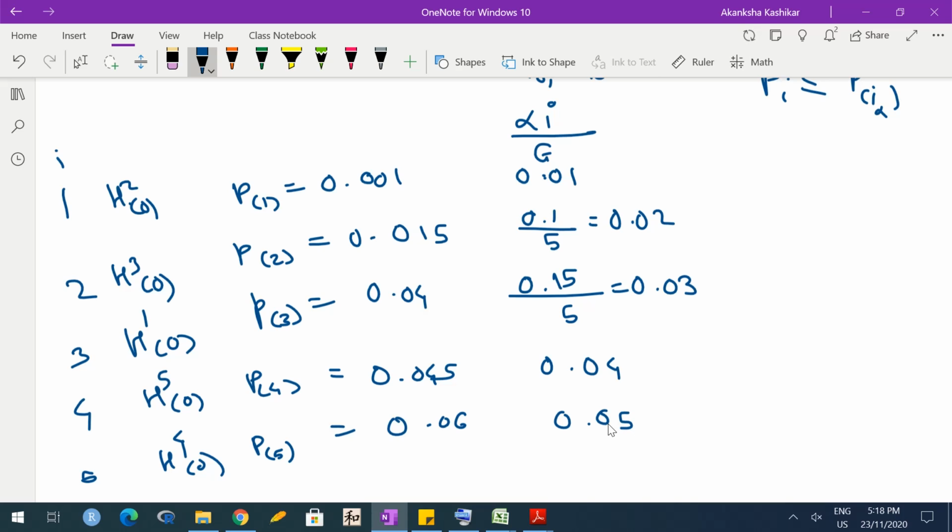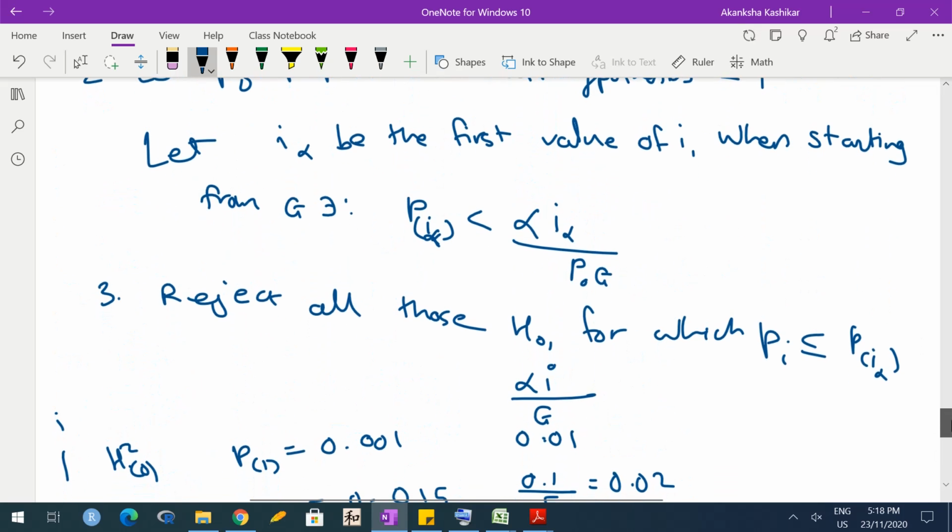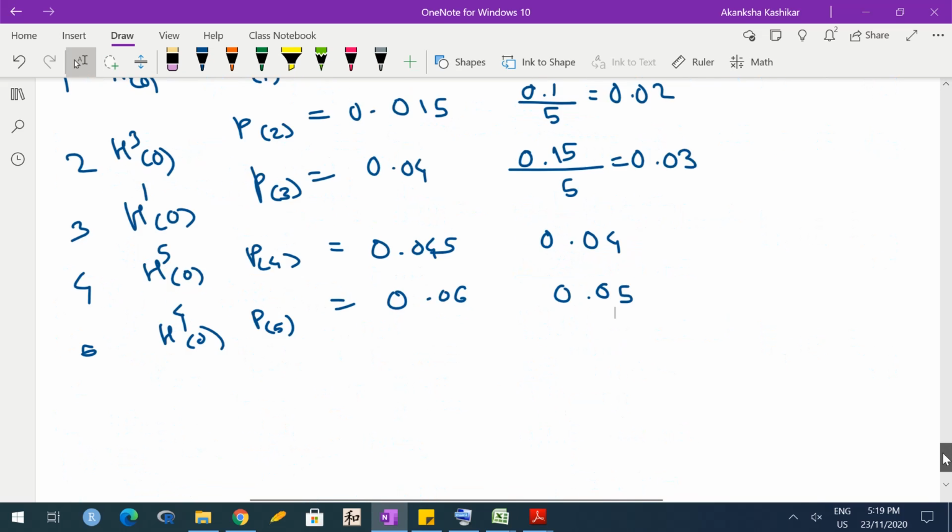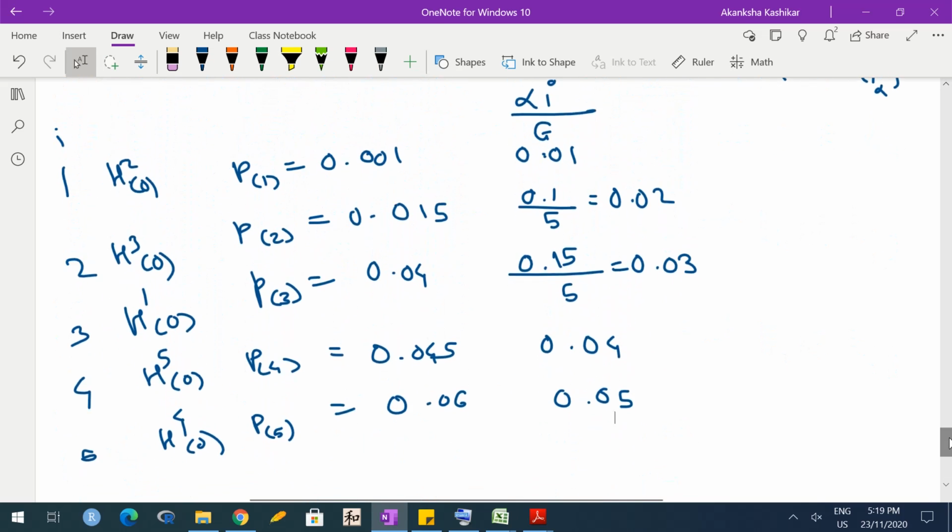Now we have to see from down which of the p-values are less. So what does the procedure say? Let I alpha be the first I when starting from G such that the p-value is less than that cutoff. So let us check from downwards. Here, is my p-value less than this value?